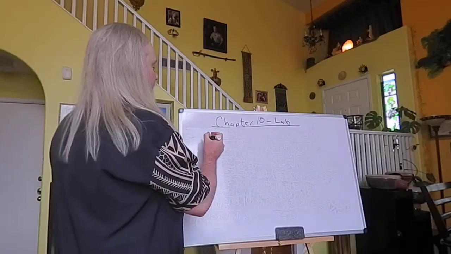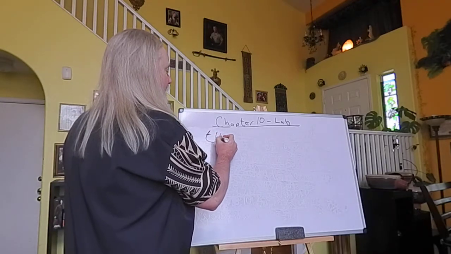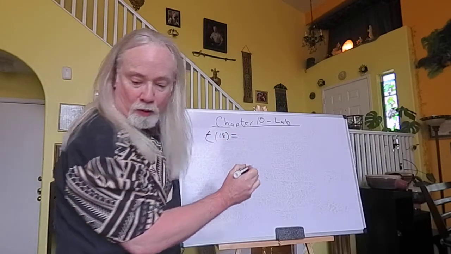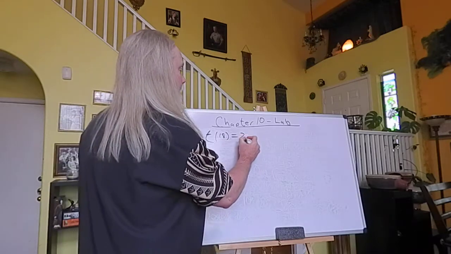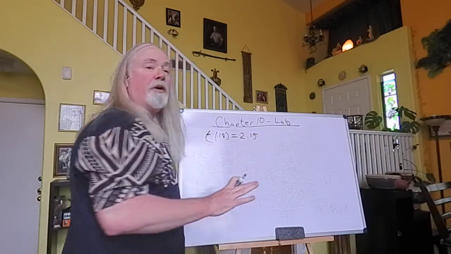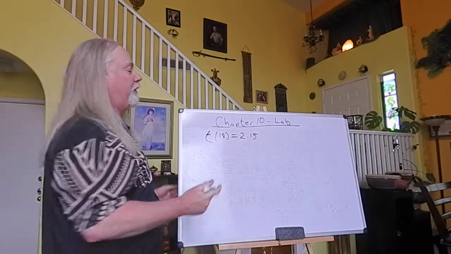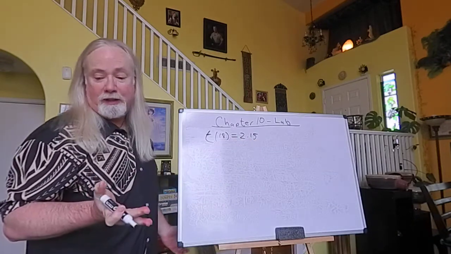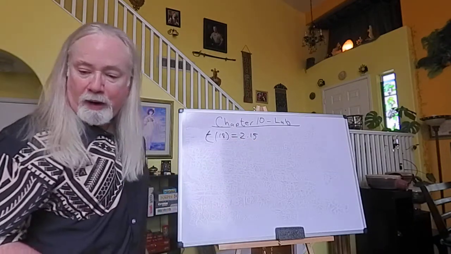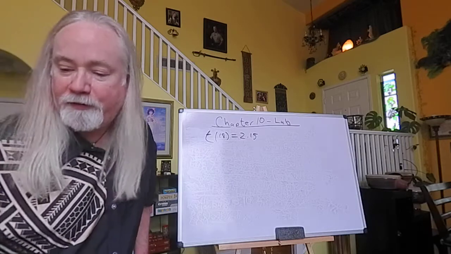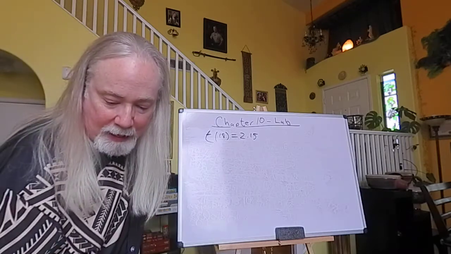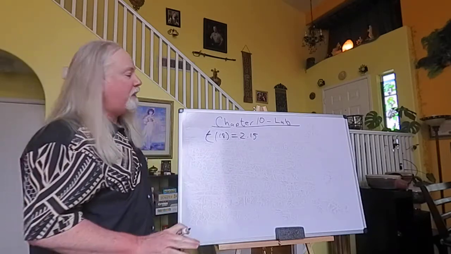So we're given a t of 18 equals 2.15. I don't have to do any math. There's no formulas here. It gave us the t statistic. It's done for us. So part A of problem 15 asks, how many individuals participated in the study?